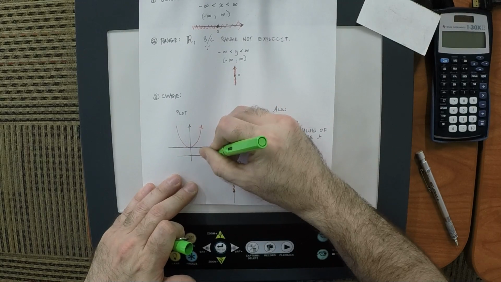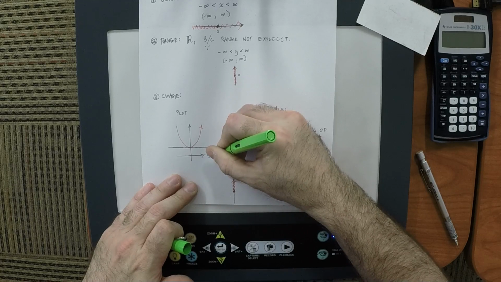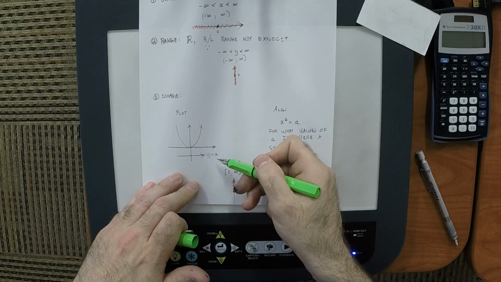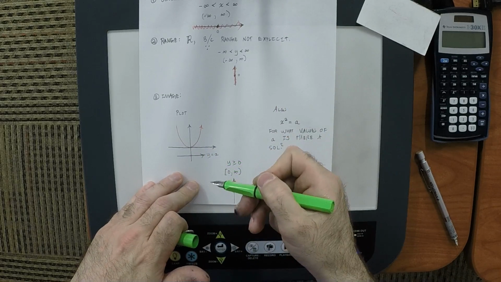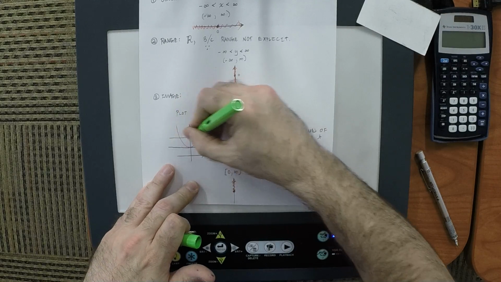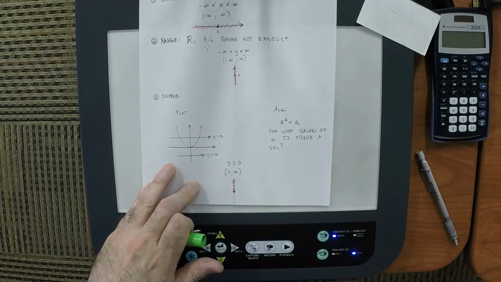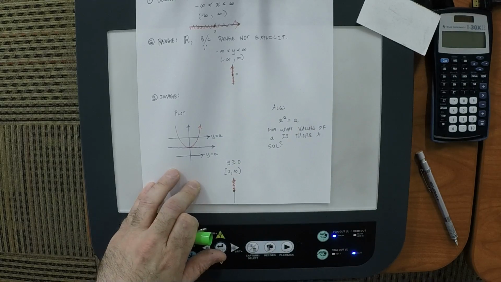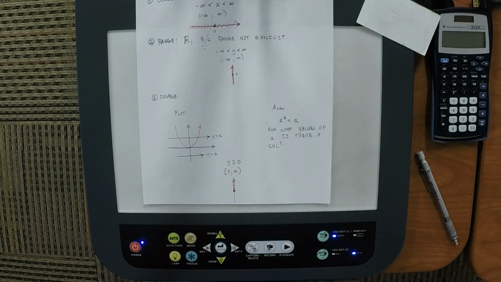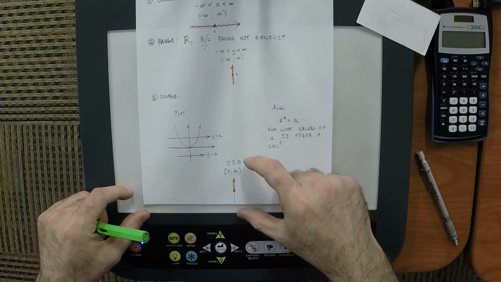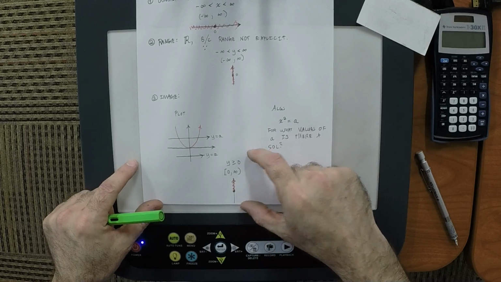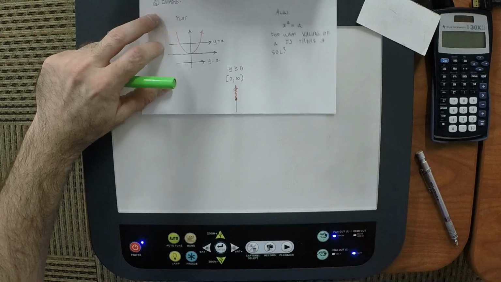When this is y equal to a and a is negative, no intersection. When y equal to a and a is positive, there is an intersection. There is one. Okay. So at any rate, the answer to the question of what's the image is this. These ones. Next question.